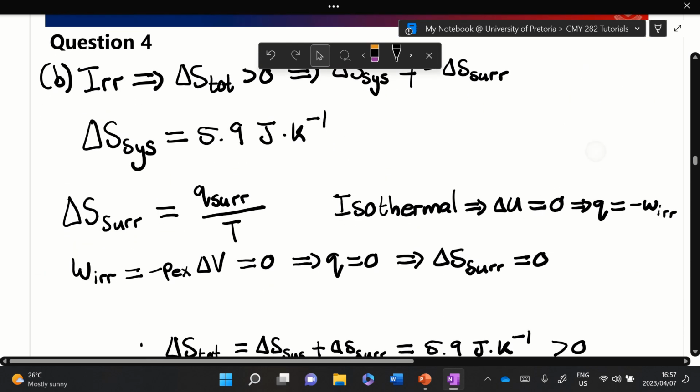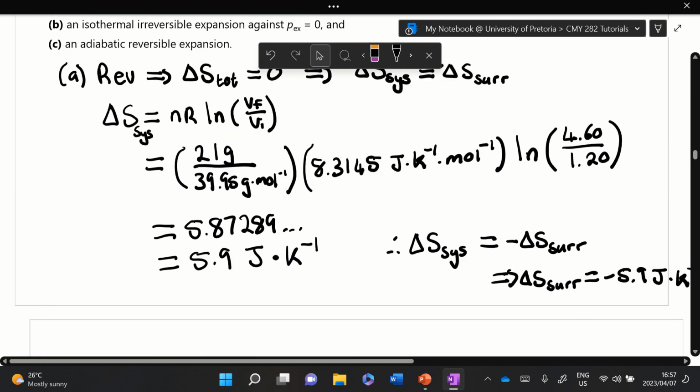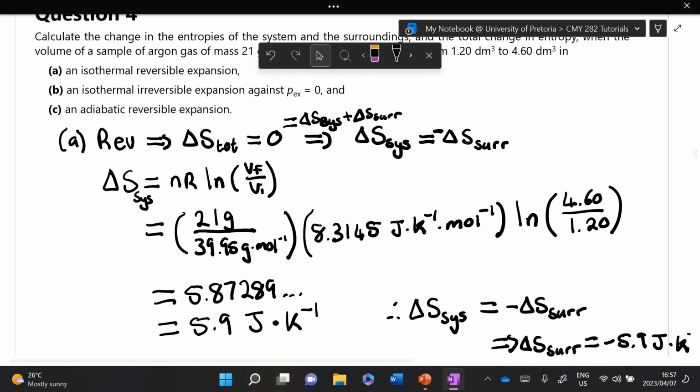Right. So remember, system doesn't change, you use the same calculation, still an isothermal process. We didn't change anything from A, that's why we use the same. Whether it's reversible or irreversible expansion, it's still isothermal.